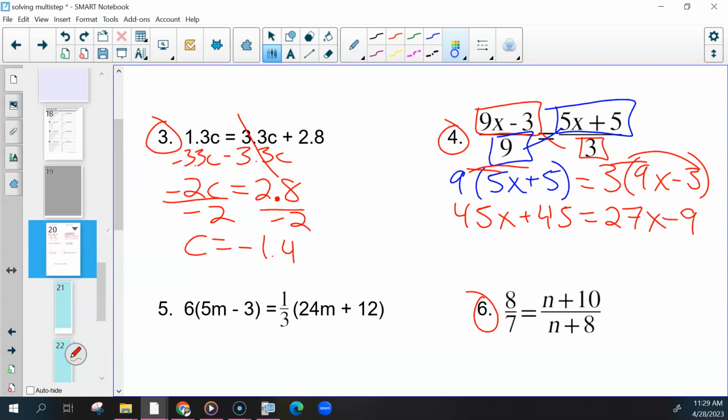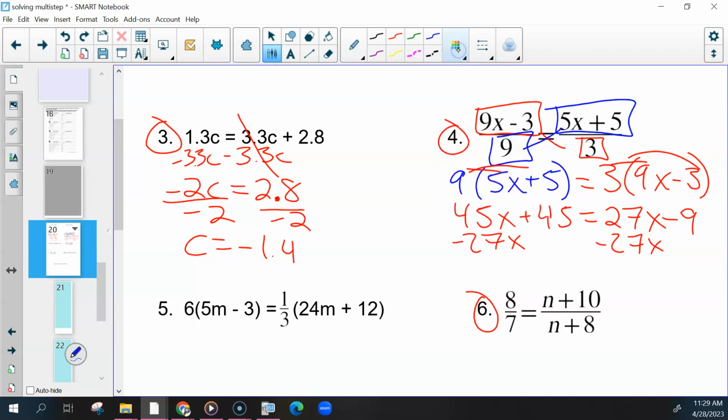Then your goal comes back into place. You're trying to get all the variables on one side, everything that's not a variable on the other. But you have choices as to what you want to do first. What do we want to move first? The 27x, okay. So move it by doing what? Subtraction. And if you didn't want to move 27, then you move something else, that's fine.